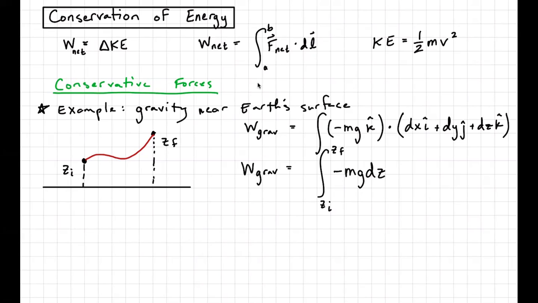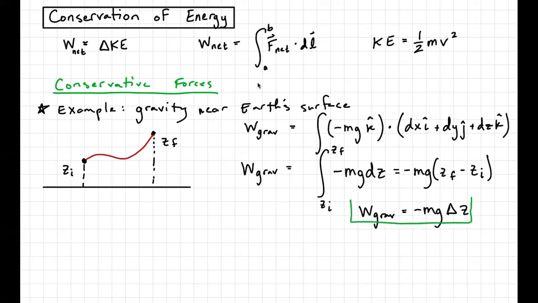If I evaluate that integral, I get mg times the difference between the final and initial positions with a minus sign. So the work done by gravity I could write as minus mg delta z, where delta z is just the change in the vertical position above Earth's surface.